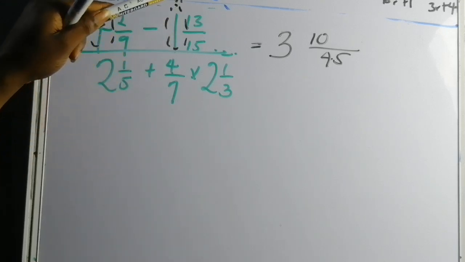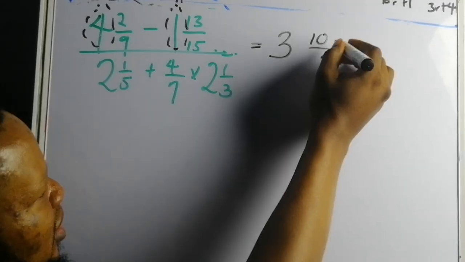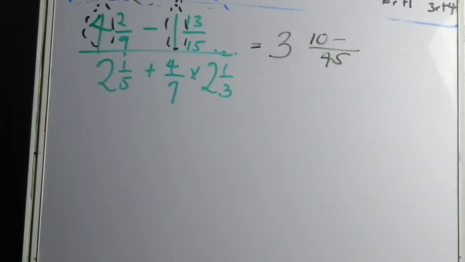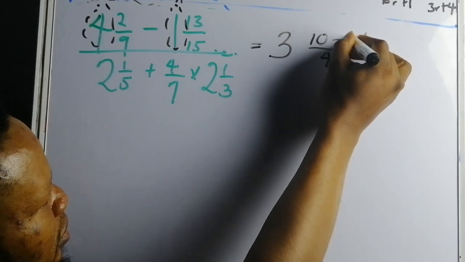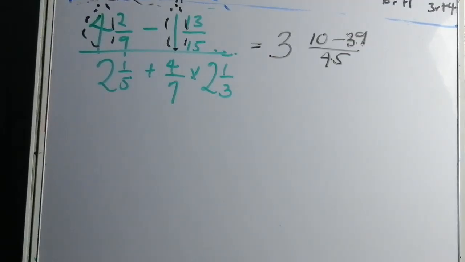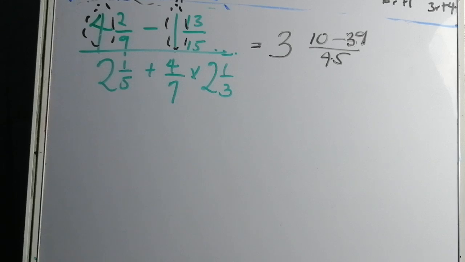That's 3. 3 times 13, that's 3 times 3, 9, then 39. So it's as simple as that. 3 times 13 is 39. So that is done.